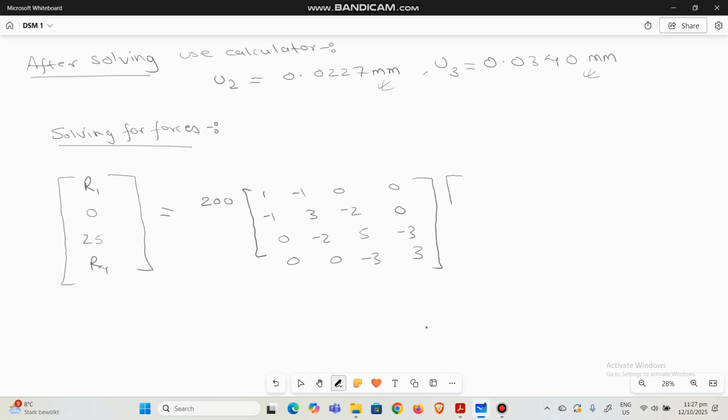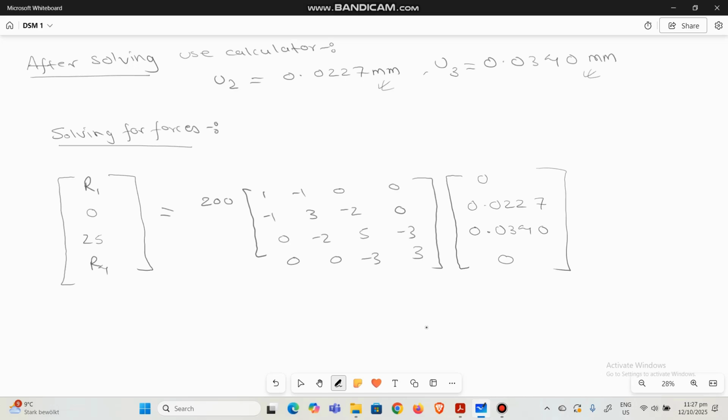And then the displacement values which you found already. The first displacement was 0, the second displacement is positive 0.0227, and third we got 0.0340, and the fourth displacement was 0, of course.